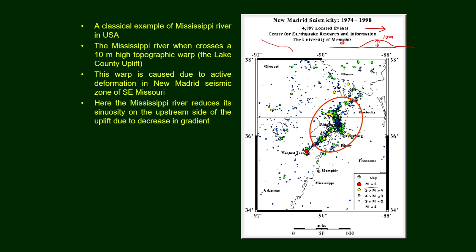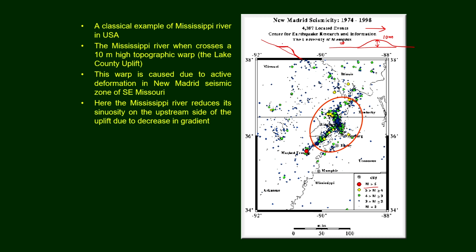Now, there was an uplift here, which means the slope has been reduced here, whereas downstream you will have an increase in the slope. So there is a reduction in slope and an increase in slope; keep this in mind.